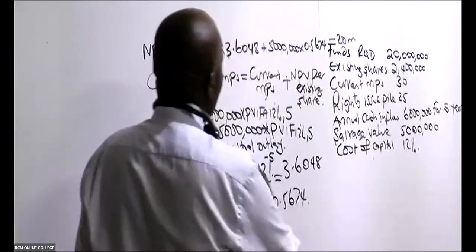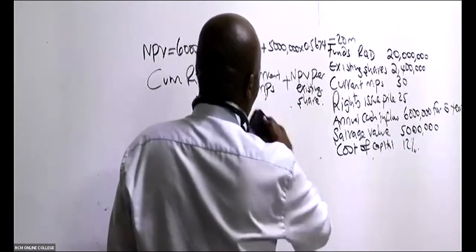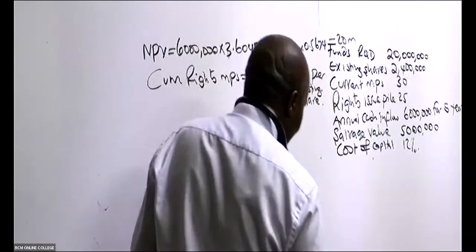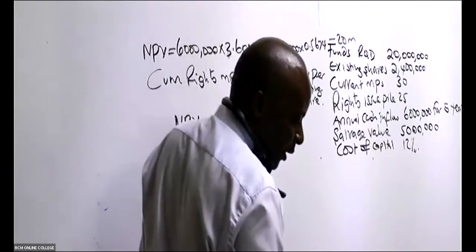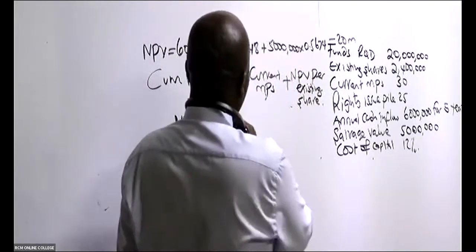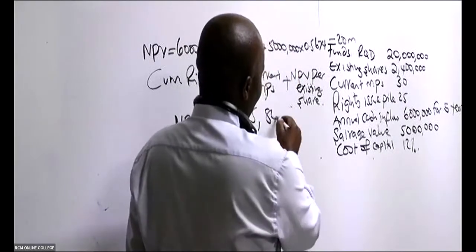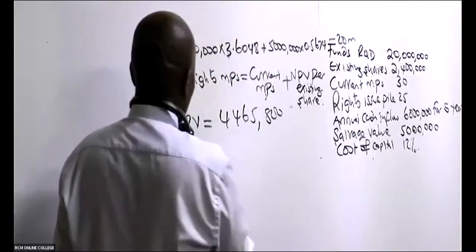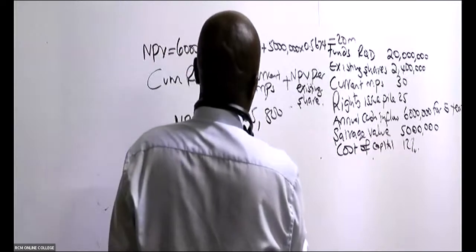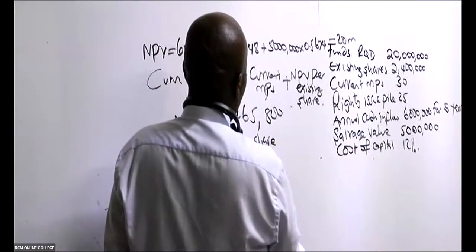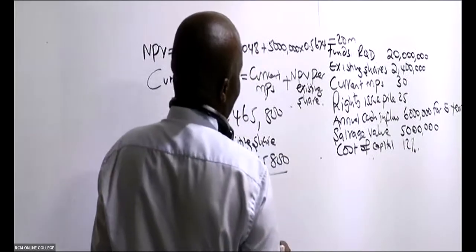Somebody already has an answer for this net present value. I'm being given a figure here of 4,465,800, isn't it? And remember, I want NPV per existing share. It will be 4,465,800 divided by what here, somebody?